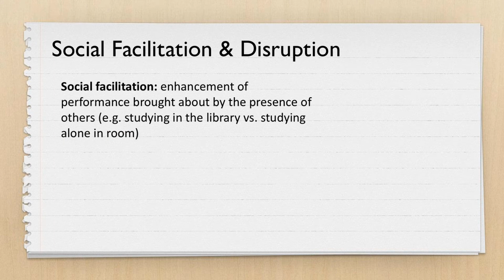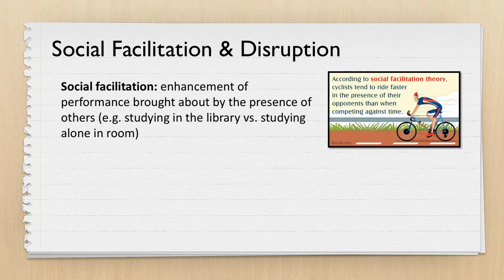So, social psychology is all about how behavior is influenced by the presence of other people. Under the right situation, the presence of others can make us perform better. And this is a phenomenon called social facilitation.